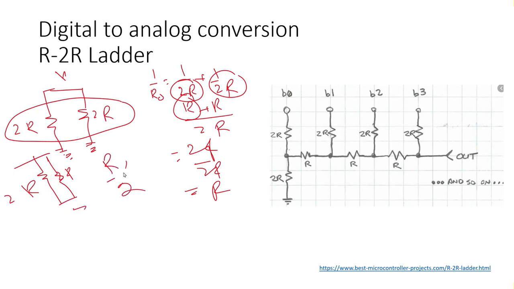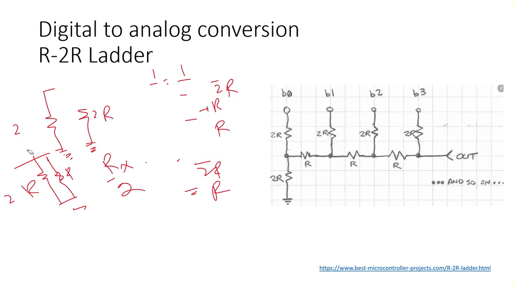So if this is 2R and 2R, then this is 2R by 2, which is R.